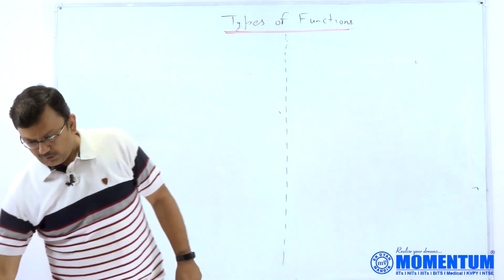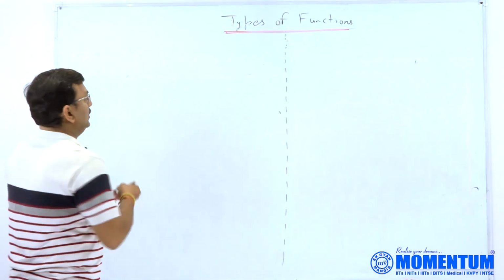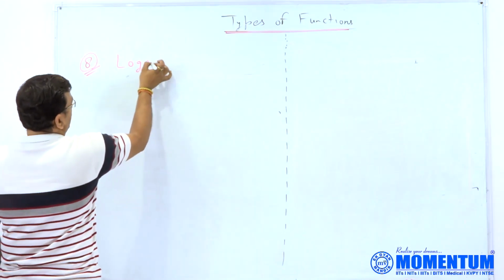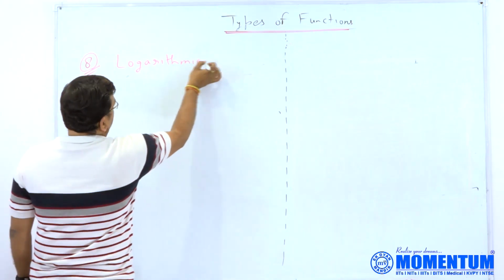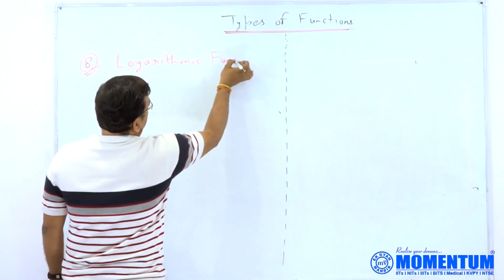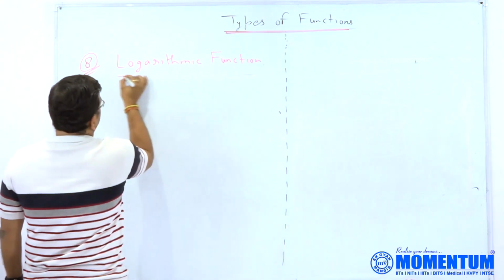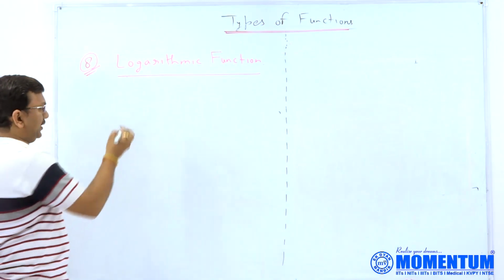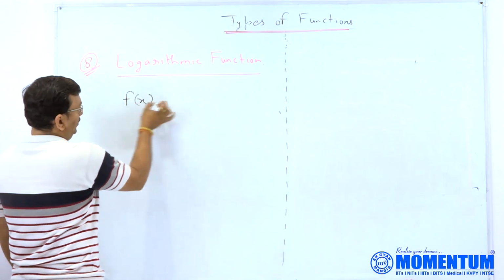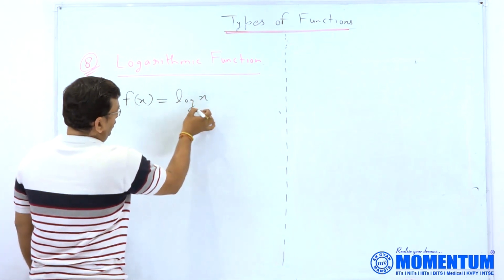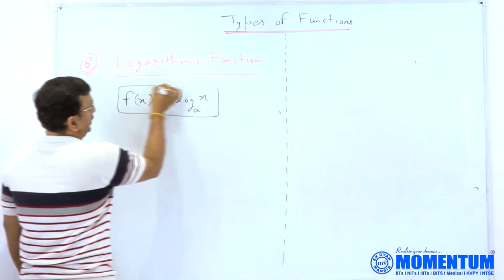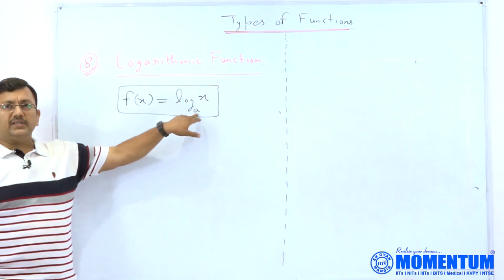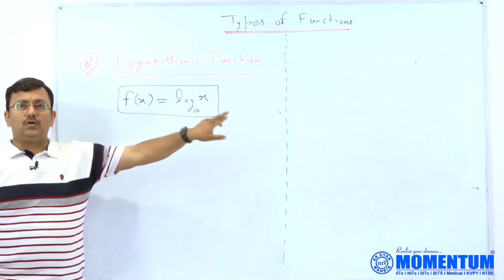So students, now in types of functions we have type number 8, it is logarithmic function. आप सभी लोग इसका नाम सुना हुआ है, आपने जानते हैं. f of x is equal to log of x, and this number written in the subscript is called the base of the log.